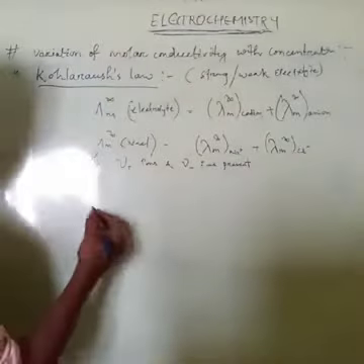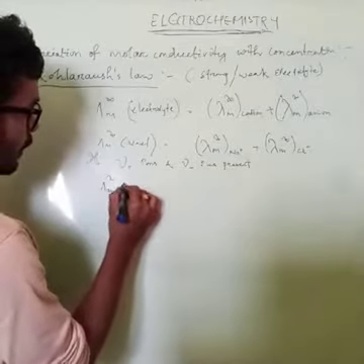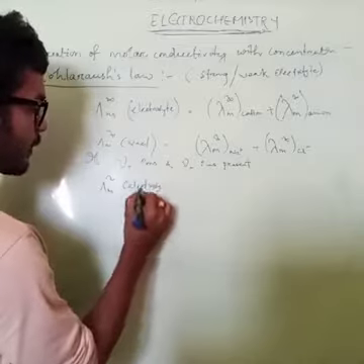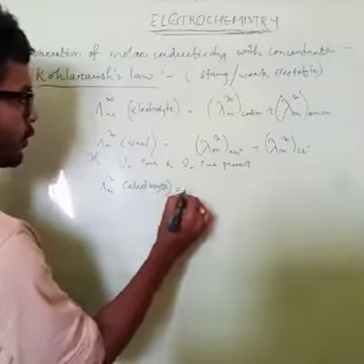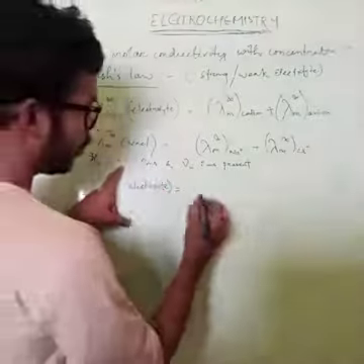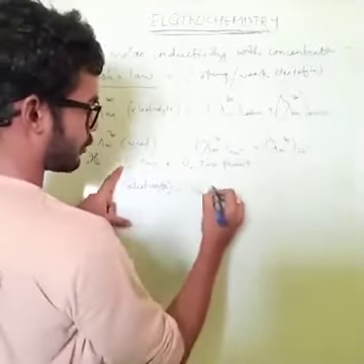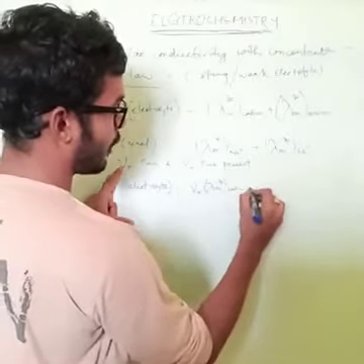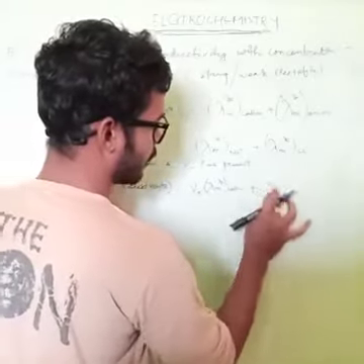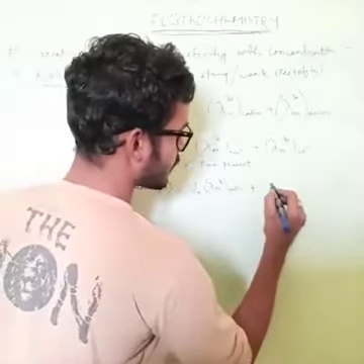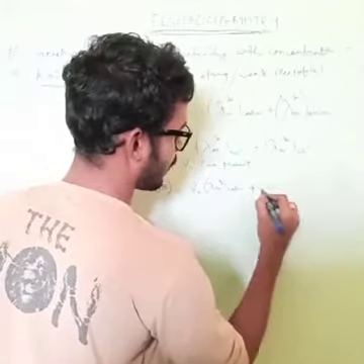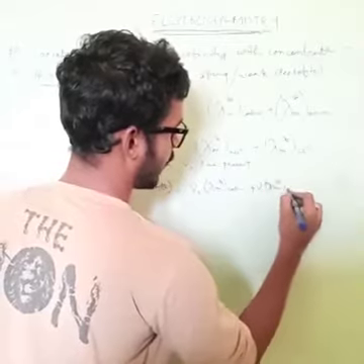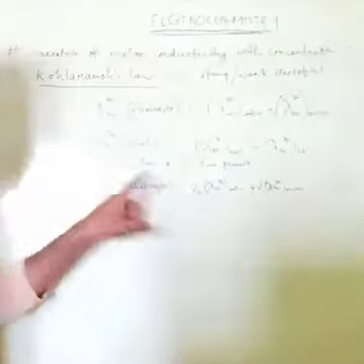So what will be the formula? Lambda m infinite of any electrolyte equals nu plus times lambda m of cation at infinite dilution plus nu minus times lambda m of anion at infinite dilution.